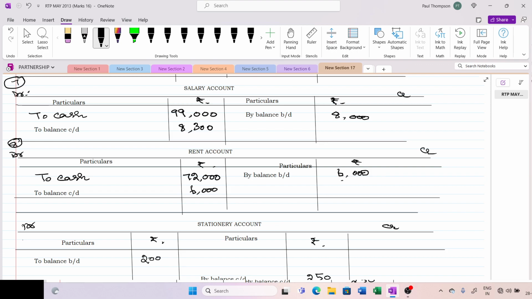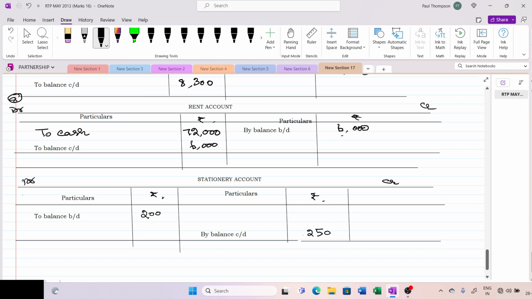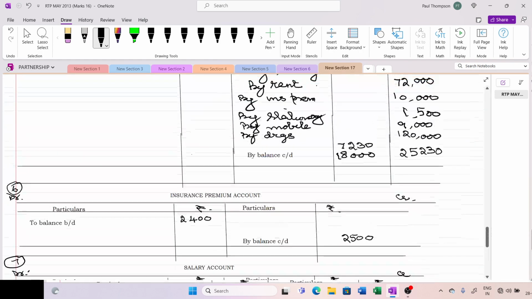You have to practice a number of times so that you finish it in time. For stationery, they have made a payment of 1,500 to cash. Cash account, it was credit, so you have to write it on the debit side, 1,500. Then insurance premium, there is a payment of 10,000 to cash.